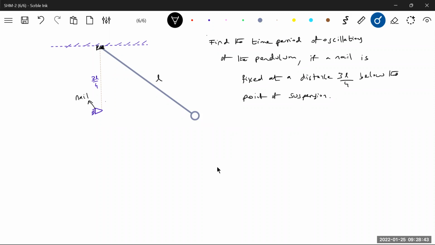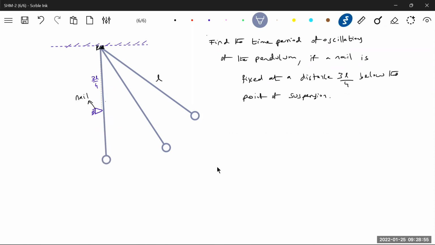So what is this, Bob? Here it will come like this, no problem. But after it comes here, it will start swinging about this one. Are you getting it?